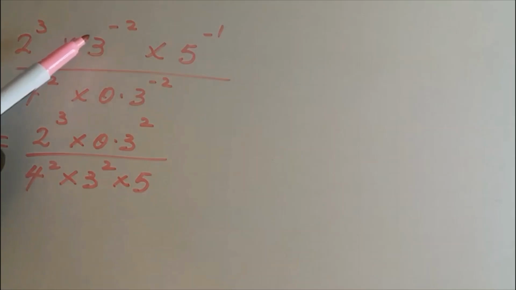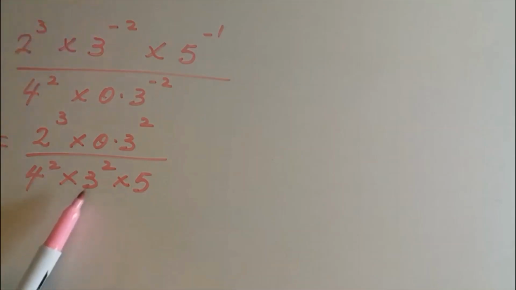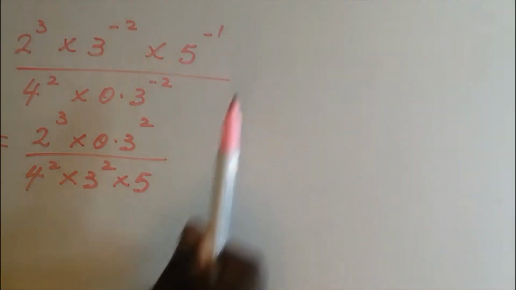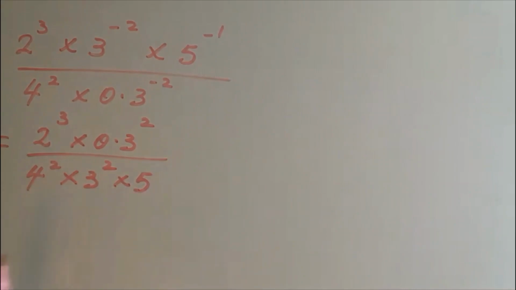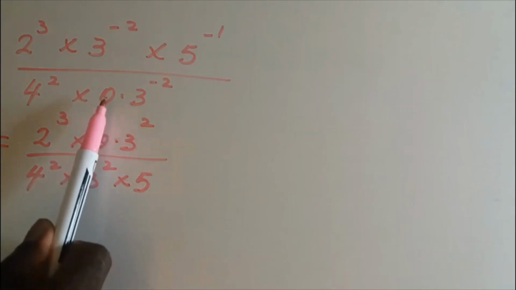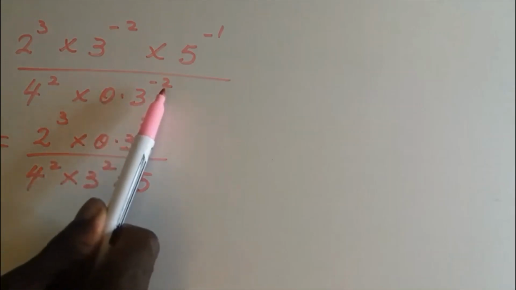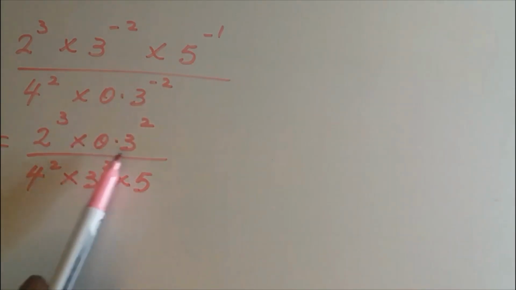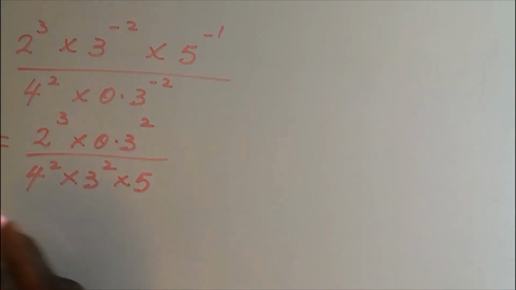So 3 to the negative 2 becomes 3 squared, 5 to the minus 1 becomes 5, or 5 to the 1, first power, same thing, and 0.3 to negative 2 in the denominator becomes 0.3 squared in the numerator. And now we can go ahead and simplify this.